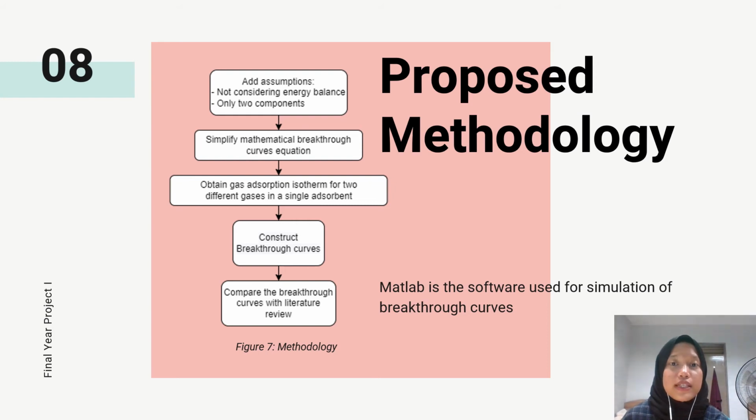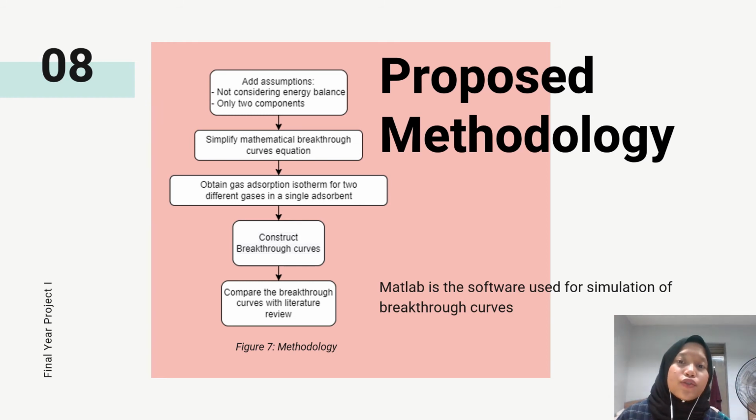For the second step, we would simplify the mathematical breakthrough curve equations. After that, we will obtain the gas adsorption isotherm for two different gases in a single adsorbent. Then we will construct the breakthrough curves and compare them with the literature study. We will be using MATLAB as the software for the simulation of the breakthrough curves.